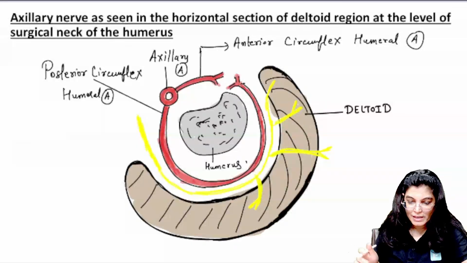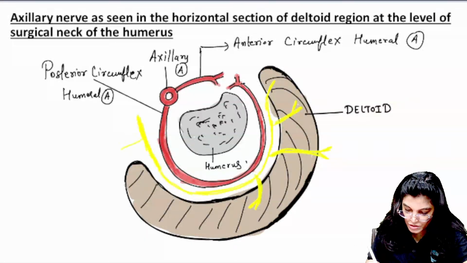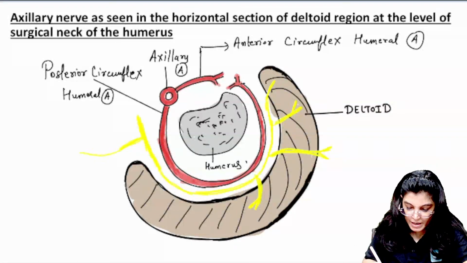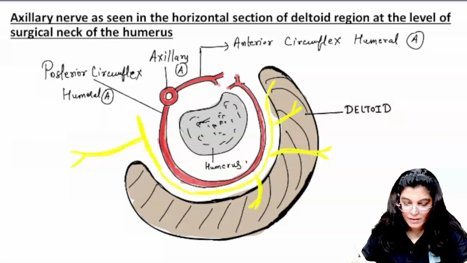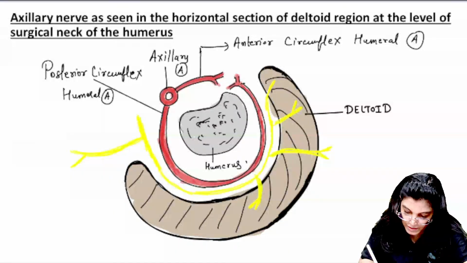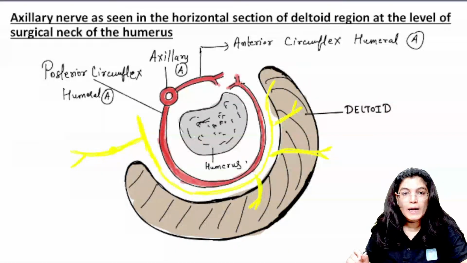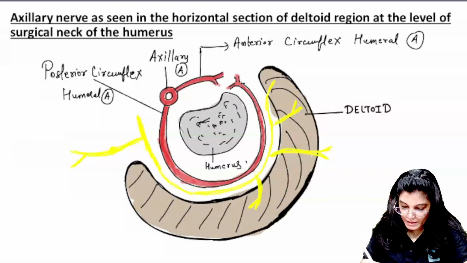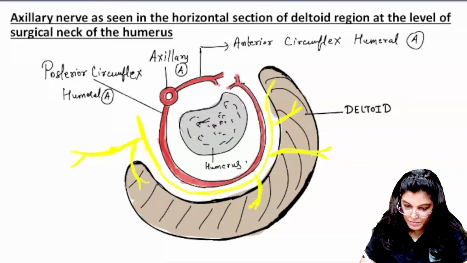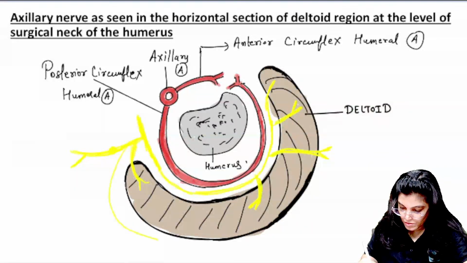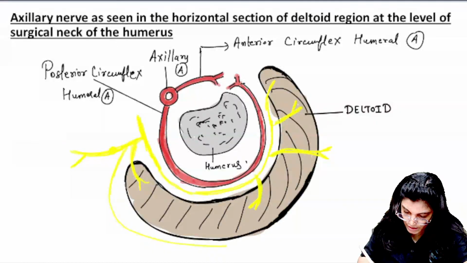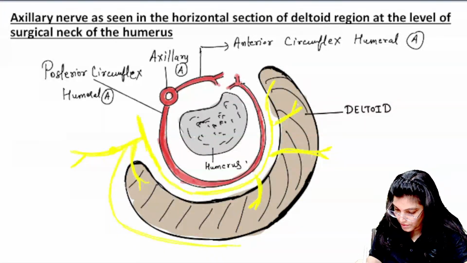It will have posterior and anterior branches. So I will make the posterior branch here itself. The posterior branch is giving nerve to teres minor muscle, which will be having pseudoganglion. And it will also give innervation to the posterior part of the muscles. And it will also give the upper lateral cutaneous nerve.